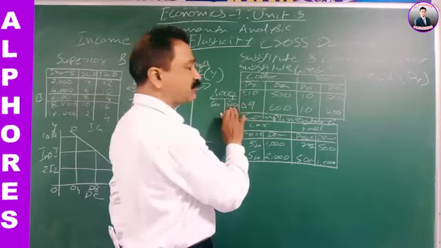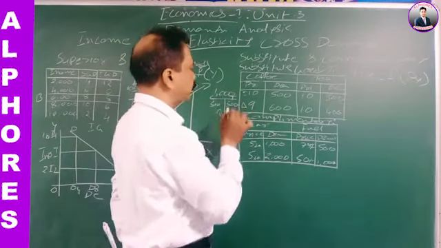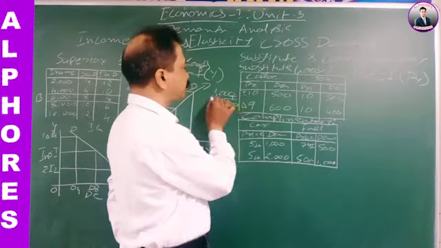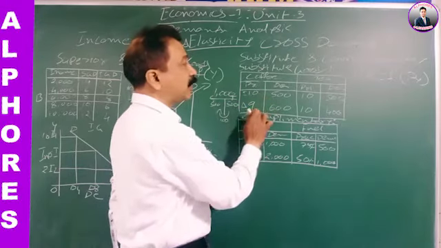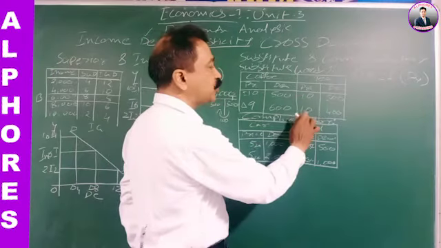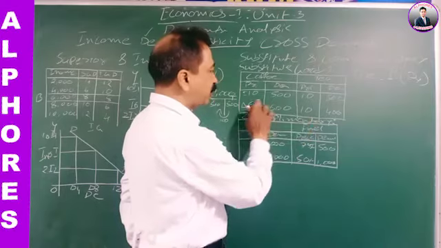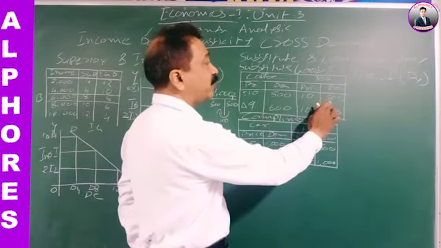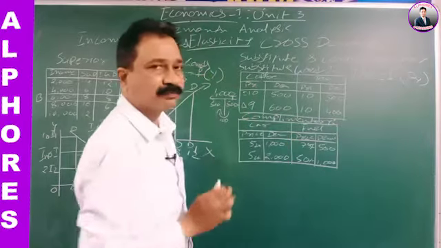All of a sudden, out of this 500, 100 people jumped to coffee, because price of coffee decreased. But tea price is as it is, there is no change in the tea price. Tea price is the same, but coffee price decreased. That's why demand for tea decreased and demand for coffee increased.